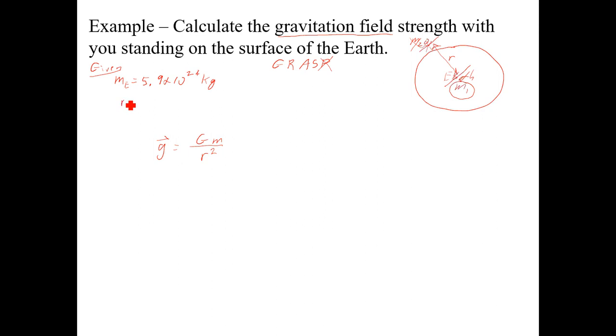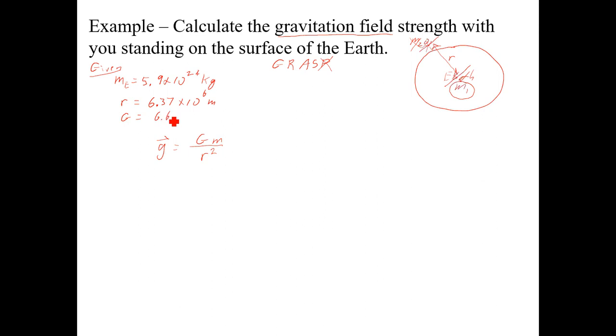We also saw in the data booklet that it actually gives the radius of the Earth, and that is in fact what we want here, is the radius of the Earth. So in your data booklet, it says that it's 6.37 times 10 to the 6. Again, it is in meters, so we don't need to do any sort of a conversion there. Also in your data booklet is another given, the gravitational constant.